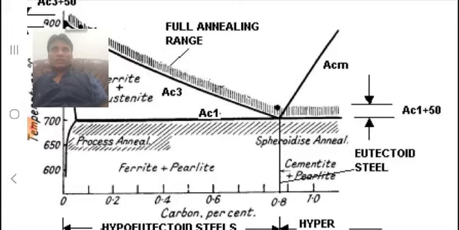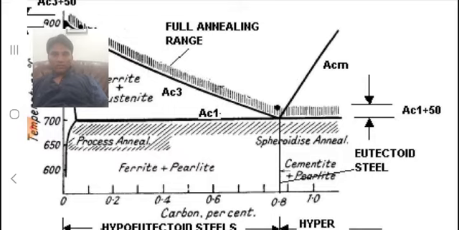The atmosphere in the furnace should be maintained neutral. No oxidizing or reducing atmosphere is entertained during the annealing process. So the process is heating the steels according to the kind of steels, followed by very slow cooling in the furnace itself.